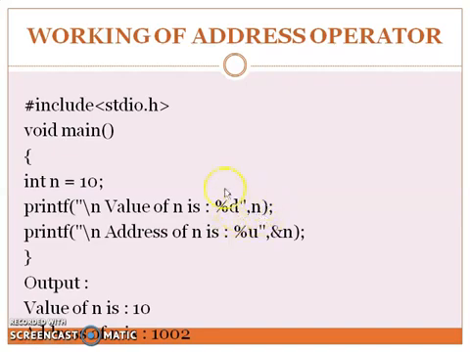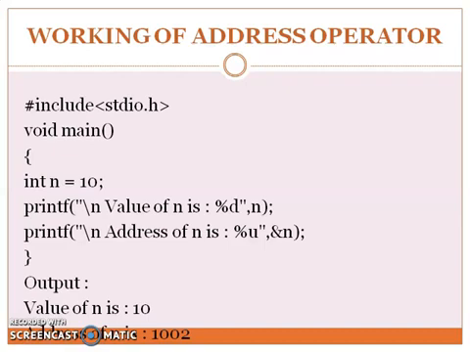This returns the actual value of the variable n. Next, we want to print the address of that variable n. At that time we use the format string u. That is, format string u is used to print the address of that variable. The address refers to the memory location of that particular variable.